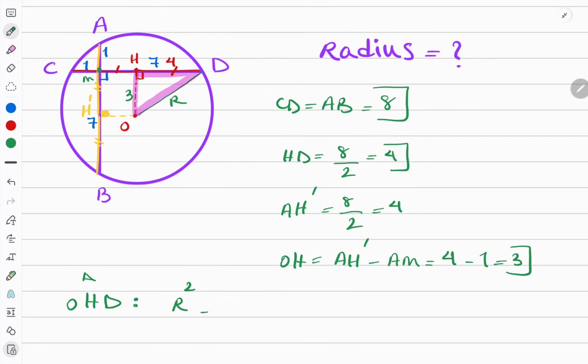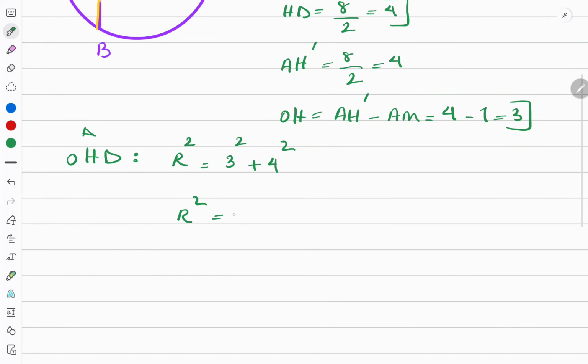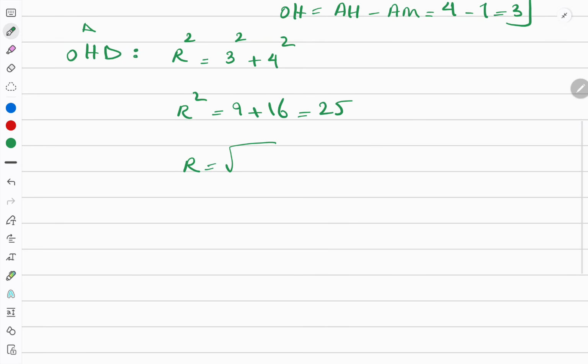R squared, because R or OD is the hypotenuse of this triangle, equals 3 squared plus 4 squared, and R squared is 9 plus 16, which is 25, and R is radical 25, which is 5. So the radius of this circle is 5.